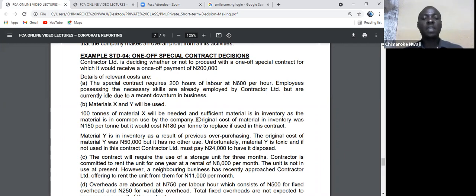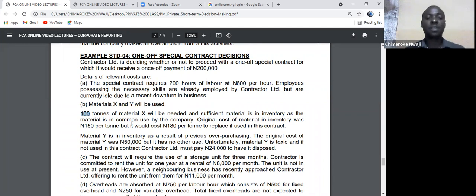Now, two things here. You need 100 tons and it is available. So because it is available, you'll be tempted to take it and use. And so you'll be asking yourself, I have it now. Do I need to buy it? No, I already have it.